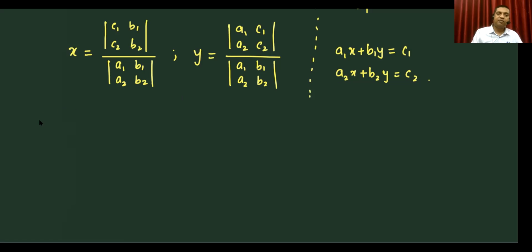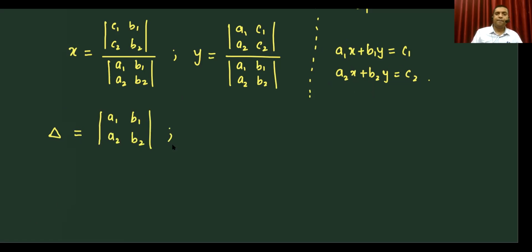Now I will call delta, this is Cramer's delta, the coefficients of x and y. Take the coefficients of x and y and take the determinant a1, b1, a2, b2.